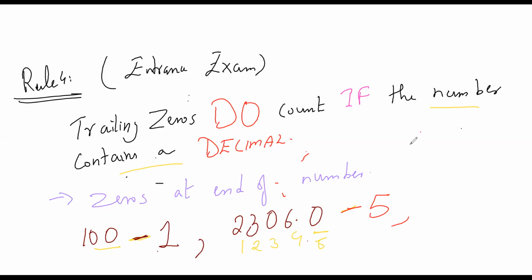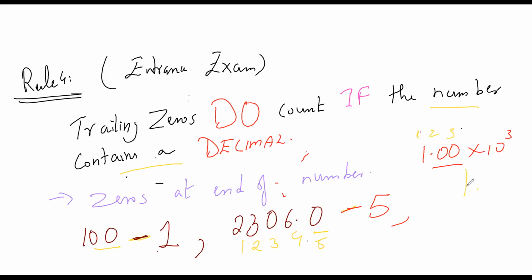One more example I'll give you. 1.00 times 10 cube. Here see the numbers in this. 1.00, so I have to start counting from here. 1, 2, 3.